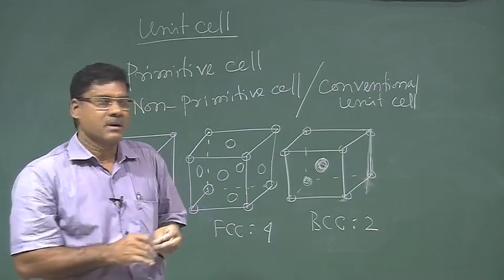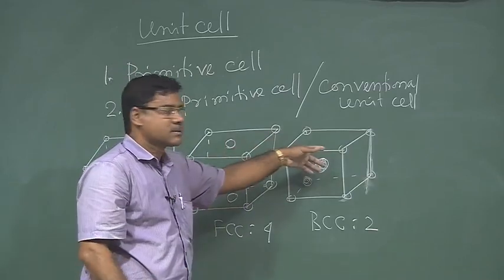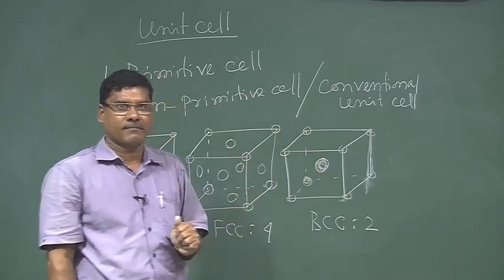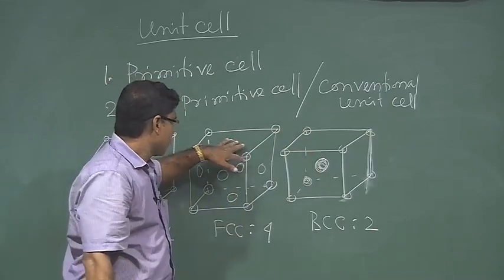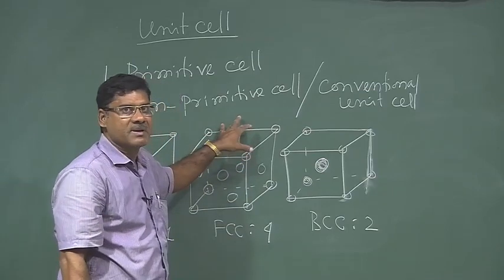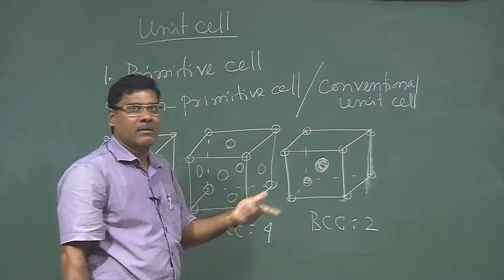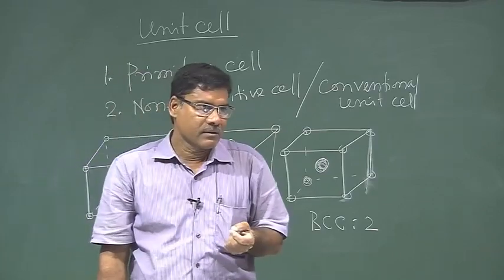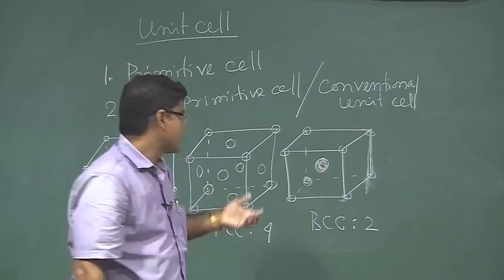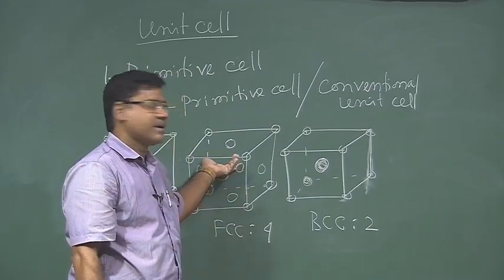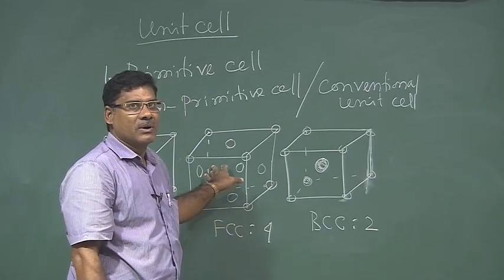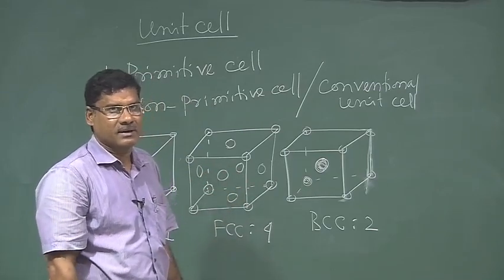But we prefer the Bravais lattice because of symmetry. The primitive cell will have different axes angles and lattice constants, quite different from the cubic cell, so you will lose the symmetry of the crystal.